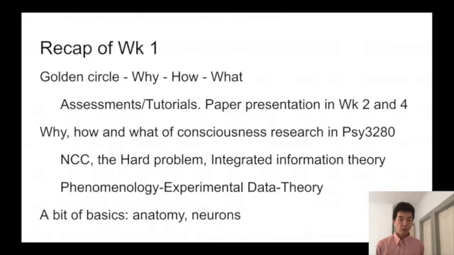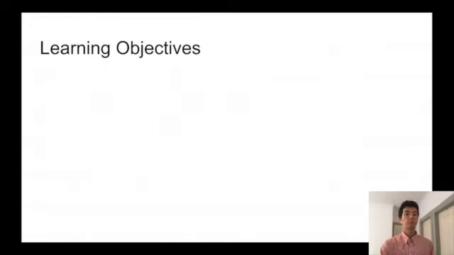And then towards the end of the lecture, I covered a bit of the basics in terms of neuroanatomy and basics about the neurons to understand consciousness. And then eventually you decided which of the papers to present in this week of tutorial.